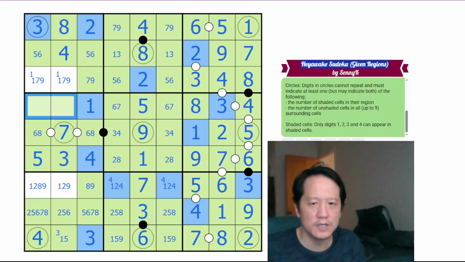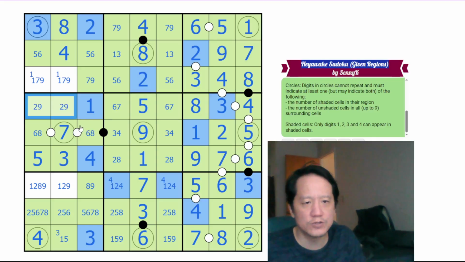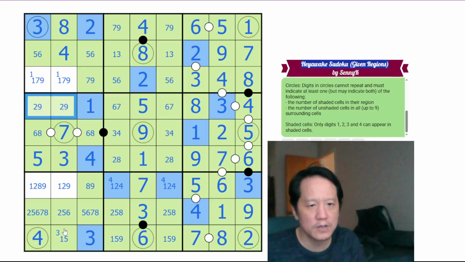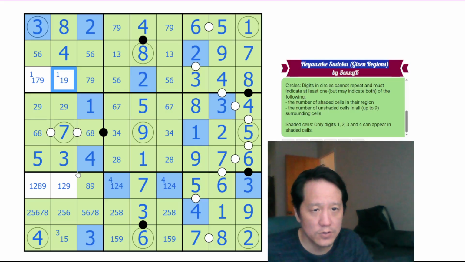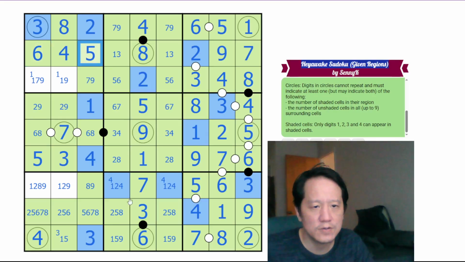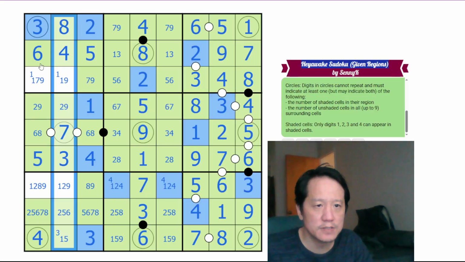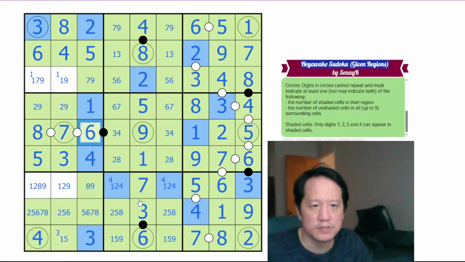Remaining digits in row 4 are 2 and 9. Okay. 7 eliminates 7 here. 5 eliminates 5 here, so it's 6 and 5. We need a 6 in the column. 6 eliminates 6 here, so this is 8, which makes this 6. 5 eliminates 5 here, and this can't be 6 either.